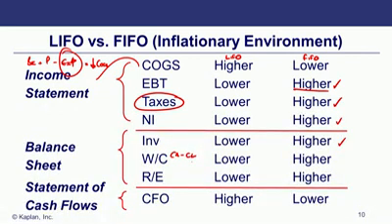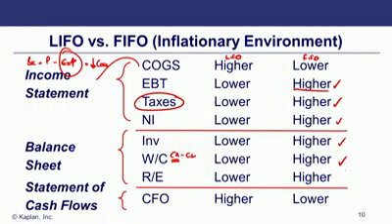Here, our basic definition is simply total current assets minus total current liabilities. Okay, now of course, no implications at all for current liabilities, but it is under current assets because inventory is a component, and of course under FIFO, if you've got higher inventory, you've got higher current assets, you've got higher working capital.